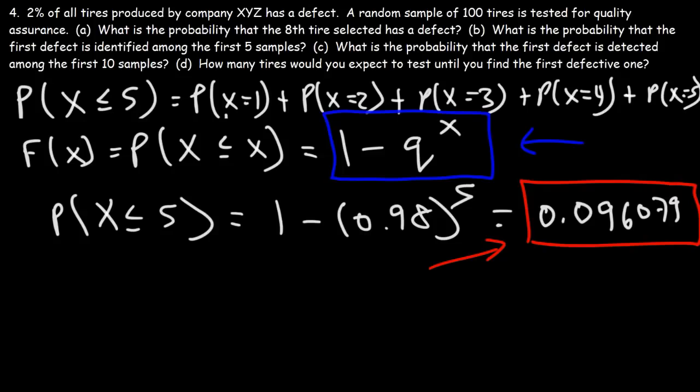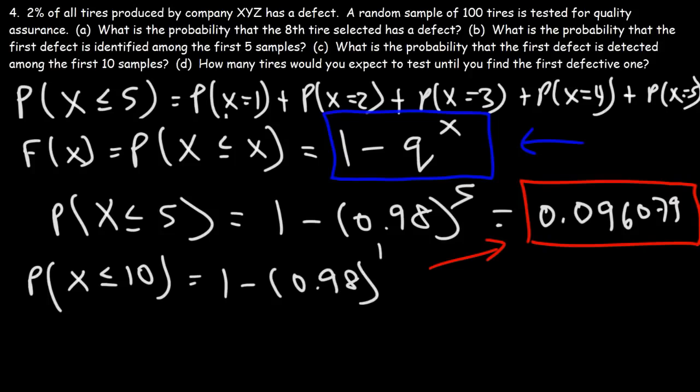So now that we have this formula, we can use it to calculate the answer in part C. What is the probability that the first defect is detected among the first 10 samples? So this is going to be P of X less than or equal to 10. Using this formula again, it's going to be 1 minus 0.98 raised to the 10th power.